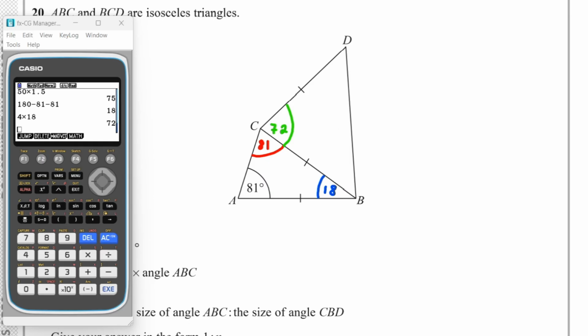Now I need to find out the missing angles here. Because we've got an isosceles triangle and the base angles in an isosceles triangle are equal, if I do 180 take away 72 and then divide by 2, I get 54. So here we get 54 and here we get 54.